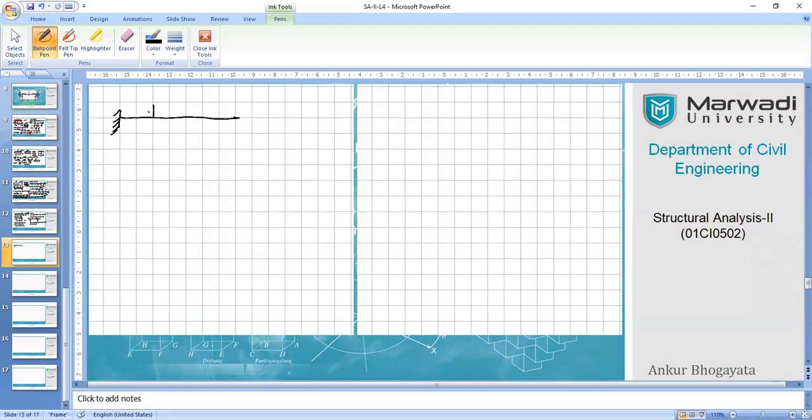Let's say two squares give you 1 meter, 1 meter more, and 4 squares. Like let us say this is 1 meter, this is 1 meter, and this is 1, 2, 3, and 4. Just to be a little clear, 1 and 2. So this is 2 meter. Okay, so this is your UDL over here.